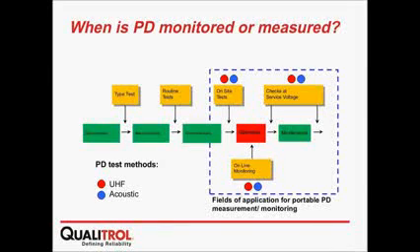When PD needs to be monitored or measured, the asset obviously needs to be energized, so it cannot be done before commissioning. Once you commission the equipment, whether it's a GIS or a transformer, right at commissioning time you can have a partial discharge test using either the UHF method or the acoustic method.